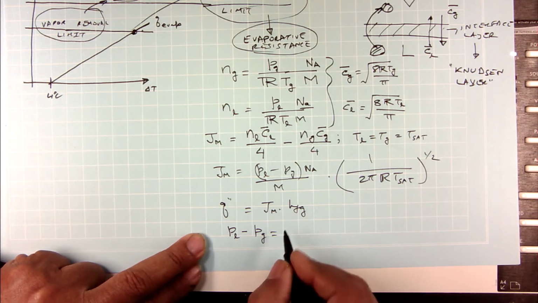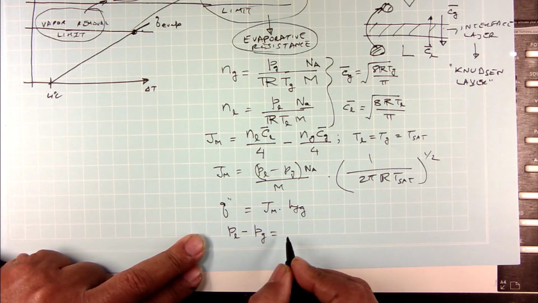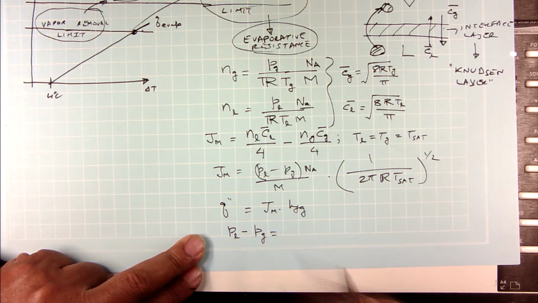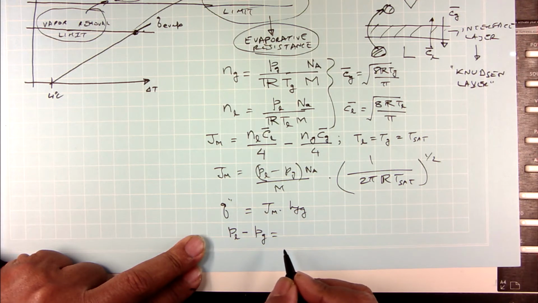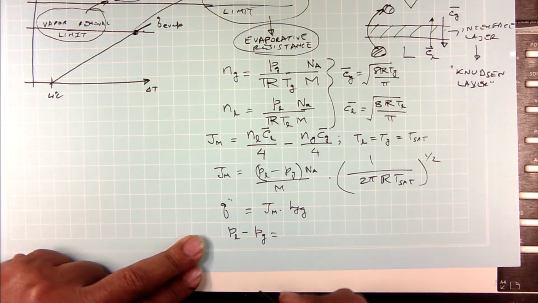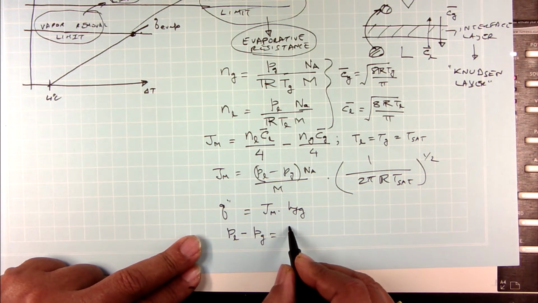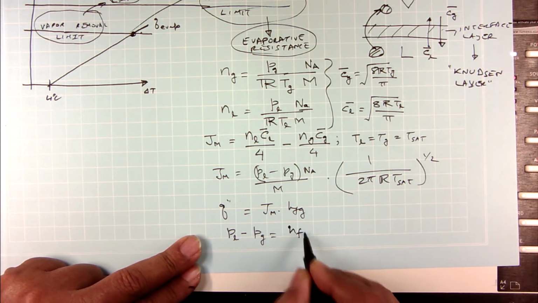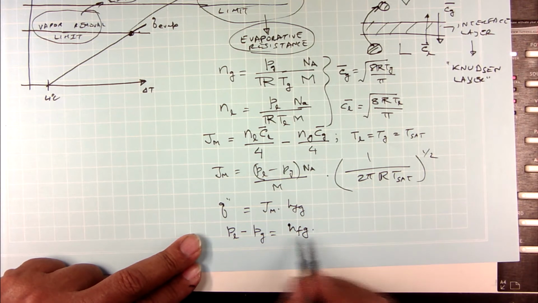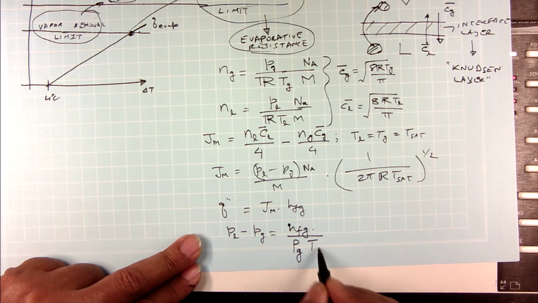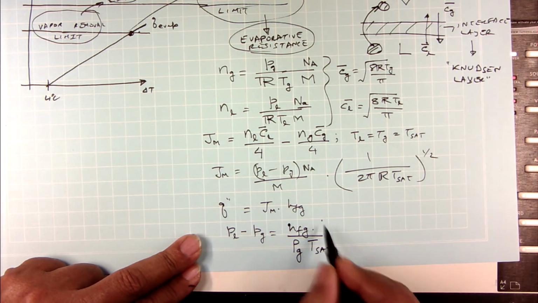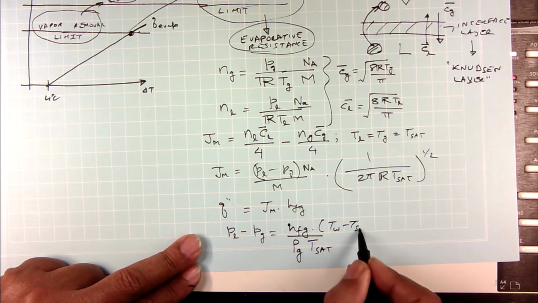What did we say was the Clausius-Clapeyron equation? Can somebody remind me? You have it in your notes from yesterday. You can look it up. Is that what it is?